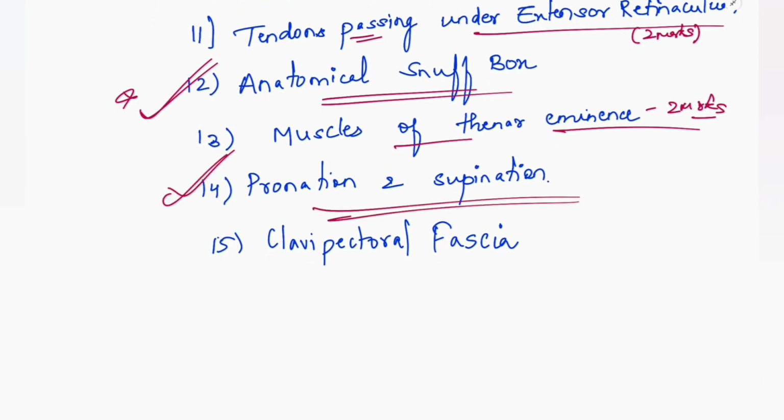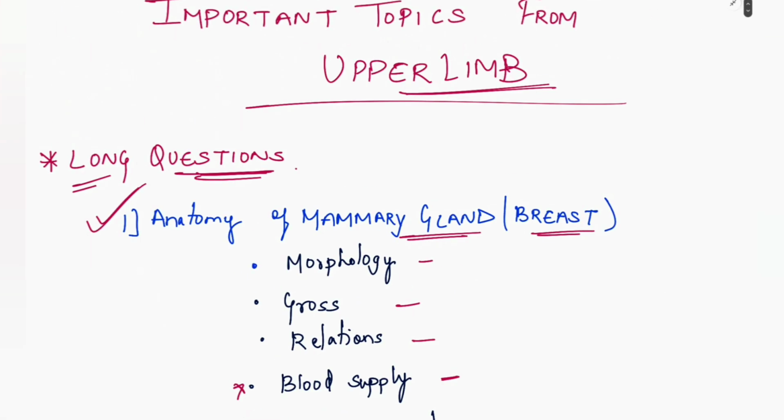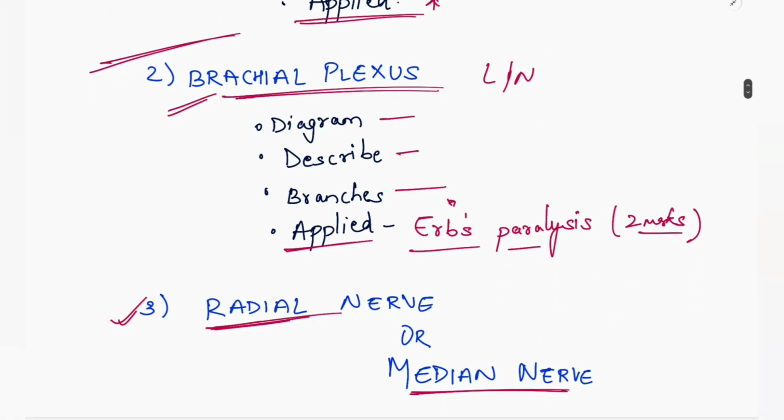If you're not getting shoulder joint and they have to give a question from the joints part, then they can give a pronation and supination question. And clavipectoral fascia, I got this question in my university exam, so this is also very important. So if we go through once more, you should know the mammary gland anatomy, it's a must. Brachial plexus, it's a must.